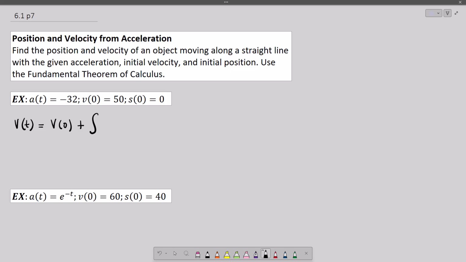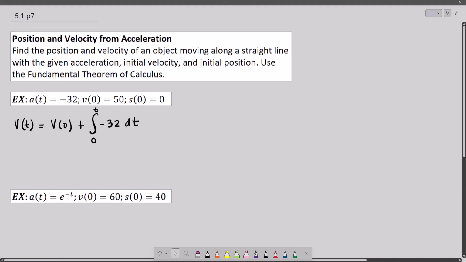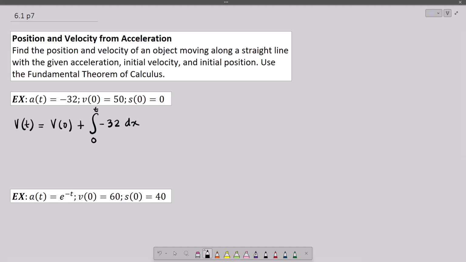So we're going to integrate negative 32 dx. I don't want that to be a dt, I want that to be a dx, because I already used the t as a limit of integration, so we'll put an x. So that'll be the future velocity. We've got the initial velocity, and then there's some change in velocity, which we find by integrating acceleration, and that will give us our velocity function.